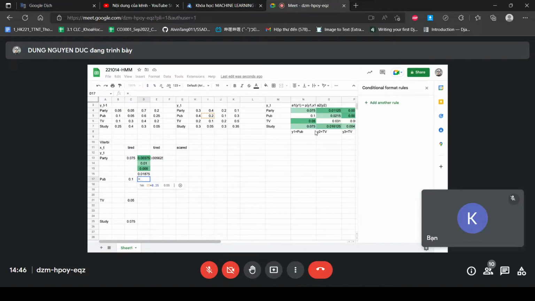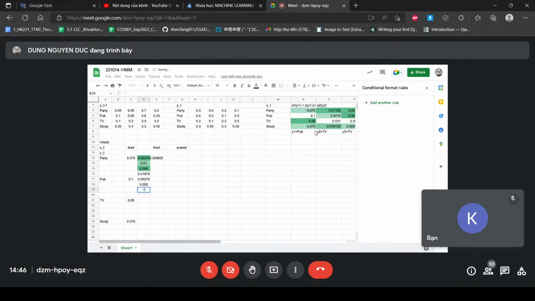It will be equal to C. C what? C13 multiplied with the transition from party to pop, which is the second column we have, C4. Then C17 multiplied with C5, right?